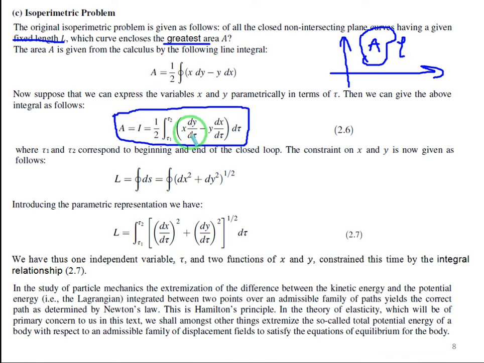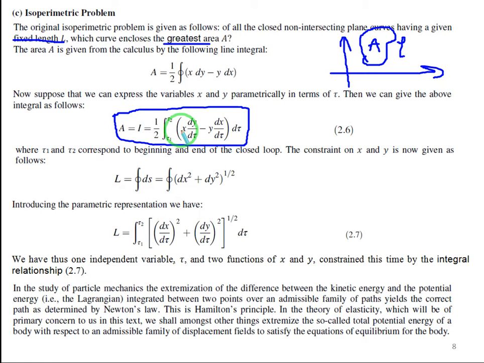You can see in these equations we have two unknown functions, and our functional is a function of two functions.